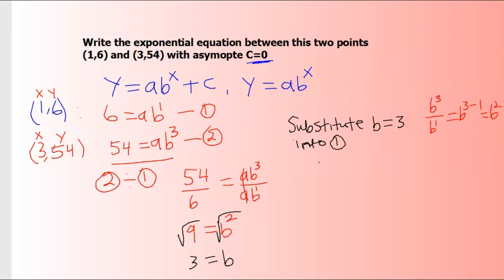So 6 is equal to 3a. We divide both sides by 3, and we get our a as 2. Now we can write our final exponential model: y is equal to 2 times 3 to the power x. Since the rate is more than 1, it is a growth, and the initial is 2.